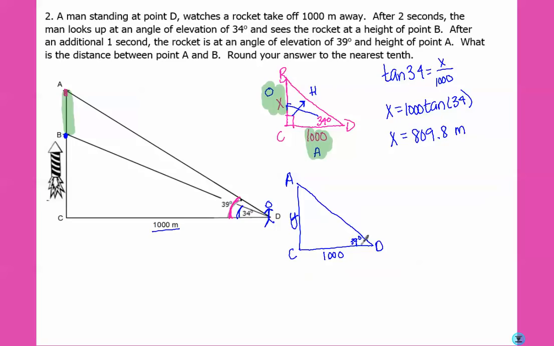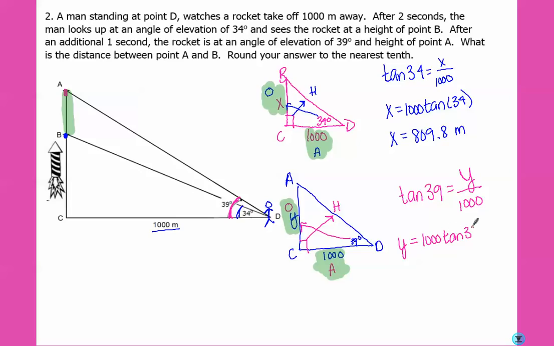Now that we got that, we're going to look at our other triangle. We've got our opposite. We don't know our hypotenuse, but we know our adjacent. So we're going to use tangent again. So tangent of 39 equals y over 1,000. So y equals 1,000 times tangent of 39.